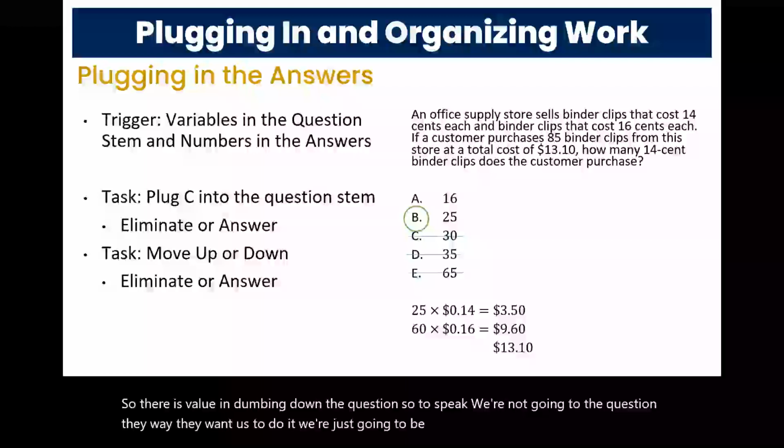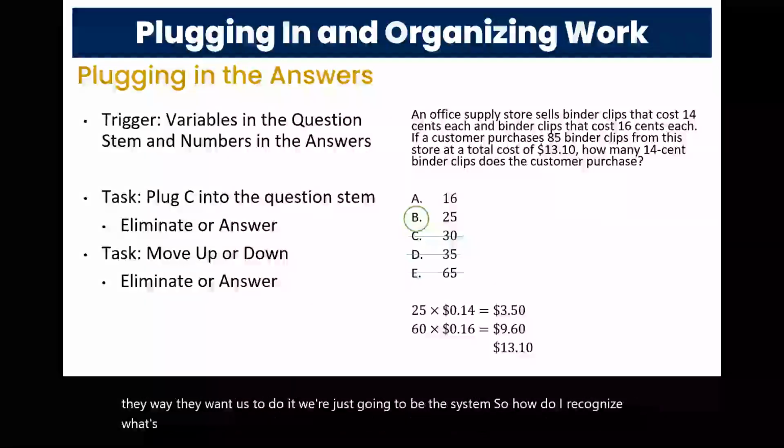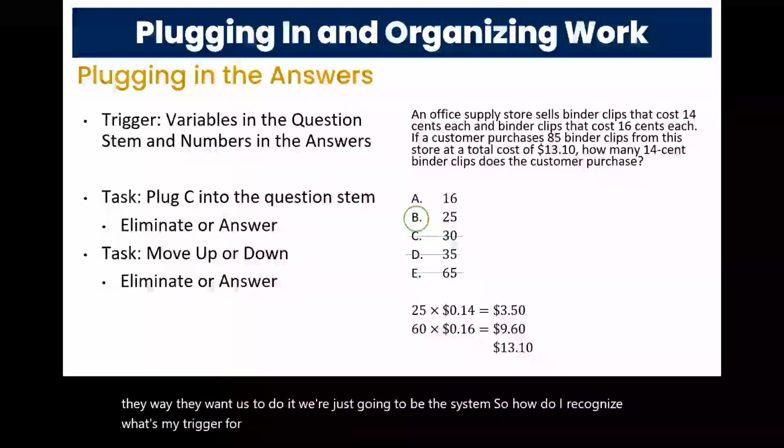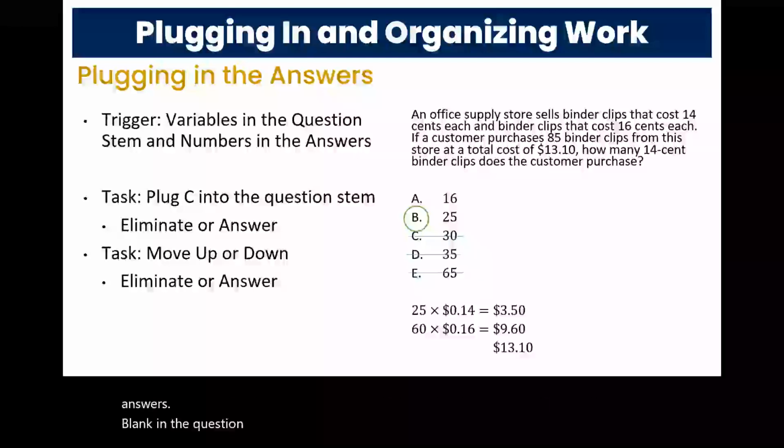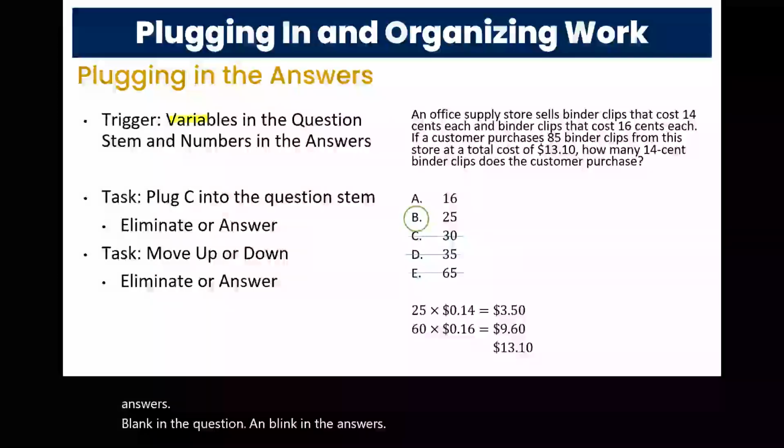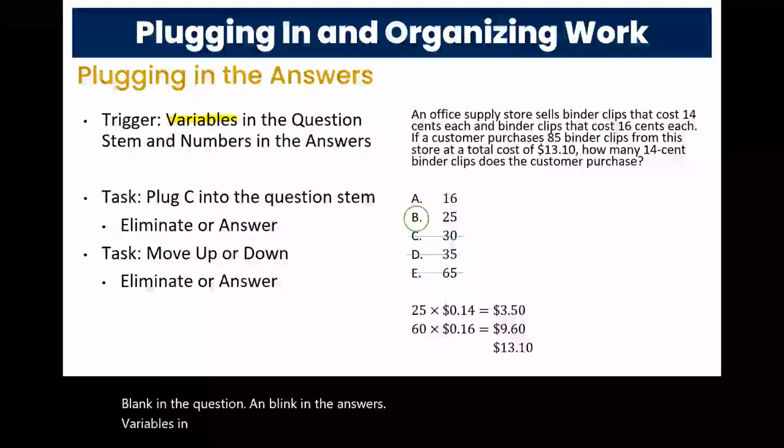So how do I recognize what's my trigger for plugging in the answers? There's a blank in the question and a blank in the answers. Variable in the question, numbers in the answer.